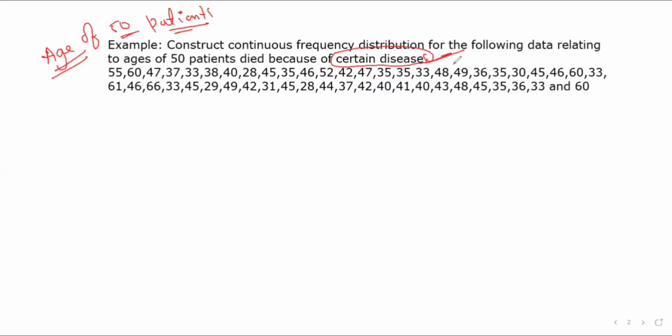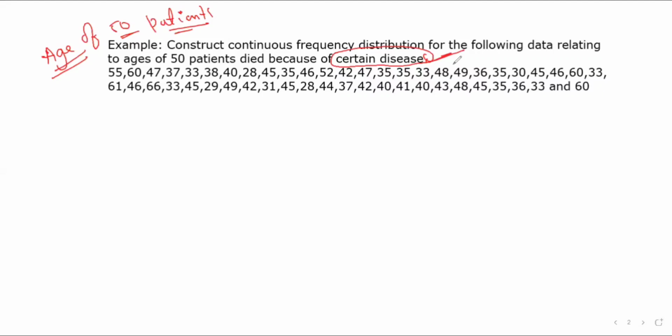So why do we need to arrange it? Say for example, my question is how many patients died from the age 25 to 30? How many patients died from the age 30 to 35? To do analysis, we require such a thing, I mean, the age factor, right?